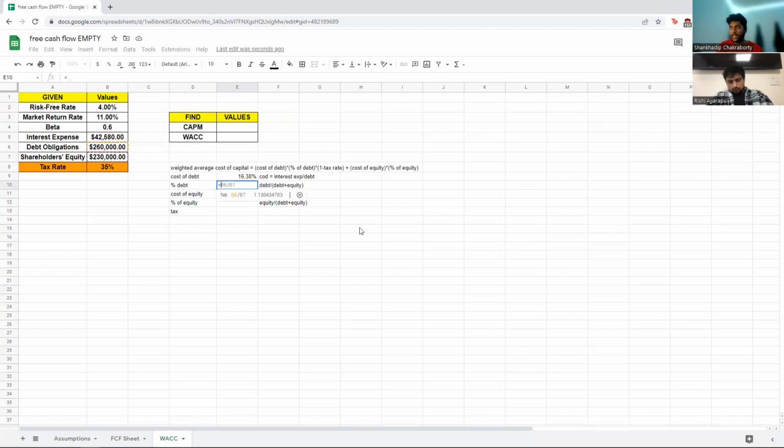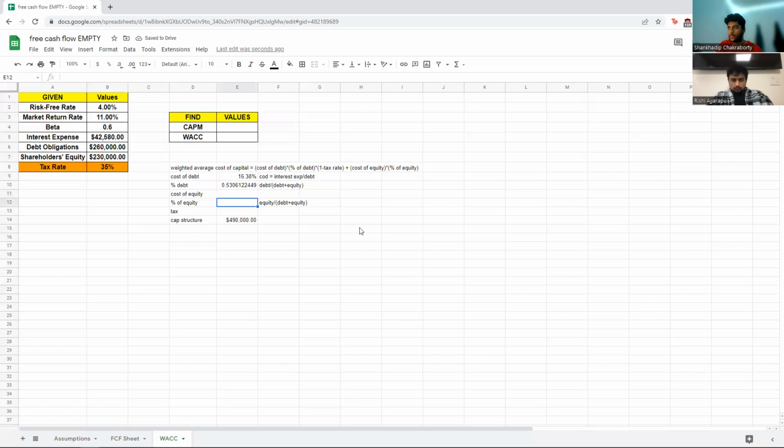So for this, actually an easier way to do it would just be cap structure. Cap structure, what we're going to do is just do shareholders' equity plus debt. This is your total amount of capital, $490,000. This is your capital structure. Now our job's a lot easier. All we have to do for percent debt is just do debt obligations divided by capital structure.